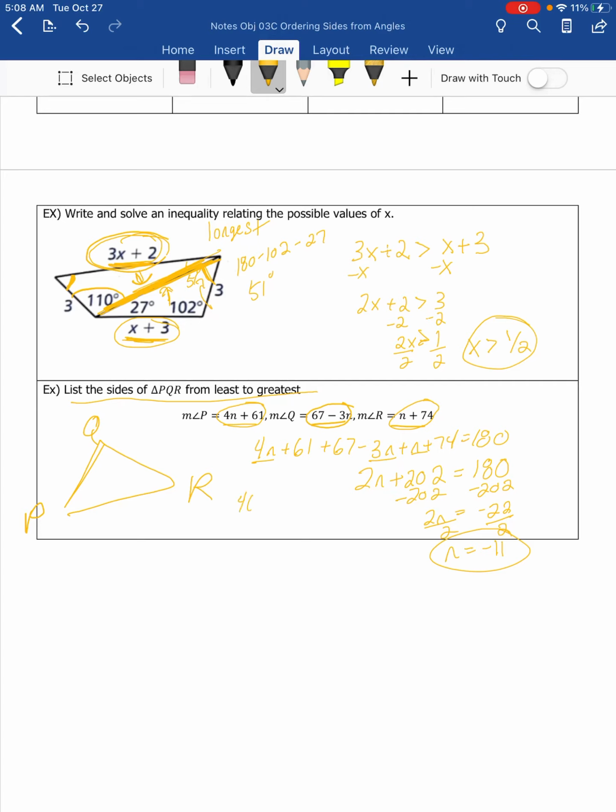So now I find my angles. My first angle is going to be 4 times negative 11 plus 61, which is negative 44 plus 61, which is 17 degrees. So the measure of angle P is 17 degrees.